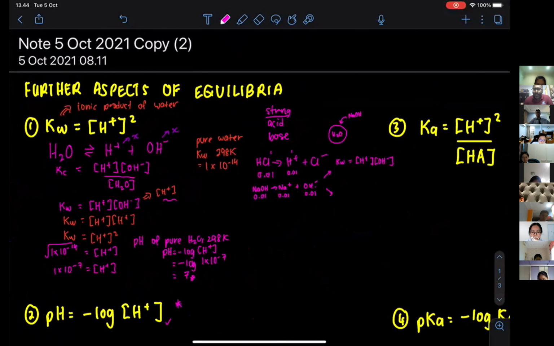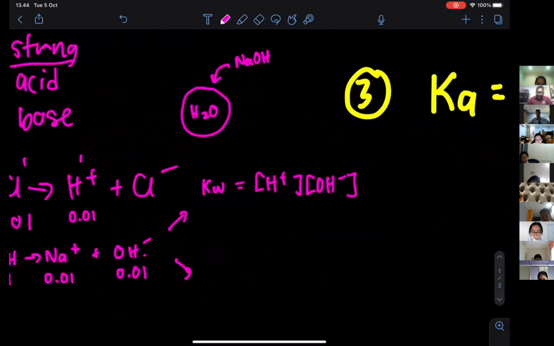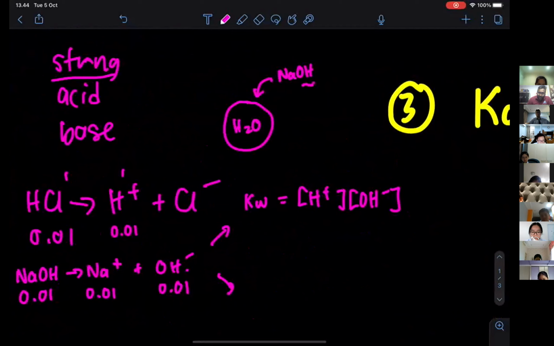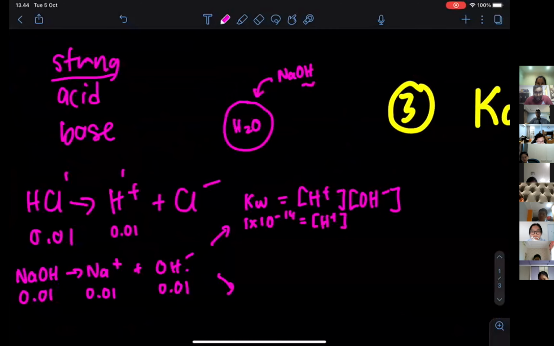It's not going to be the same anymore, because I'm adding the OH inside. But do remember the good thing is the Kw doesn't change. The Kw remains the same, so the Kw is still for water, 10 to the power of negative 14. H plus is the one that I am going to look for to calculate the pH. OH minus is no longer going to be the same as H plus.